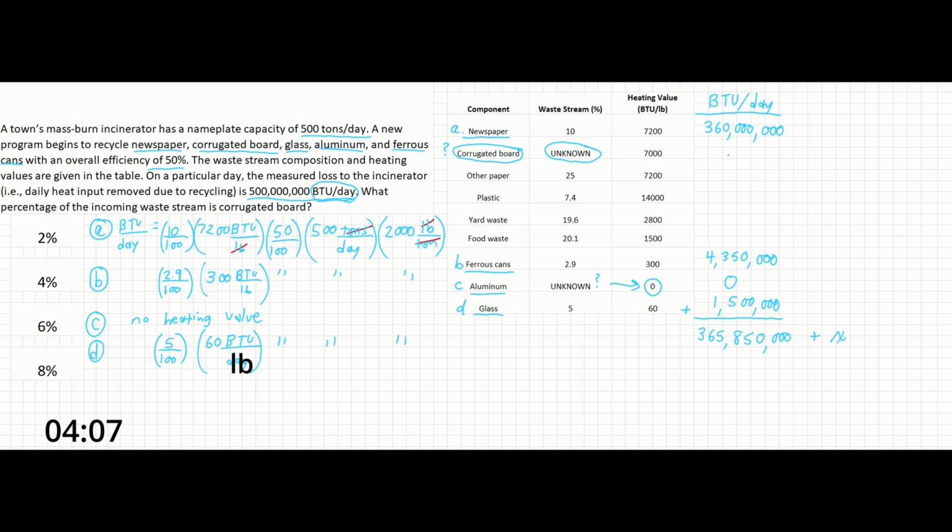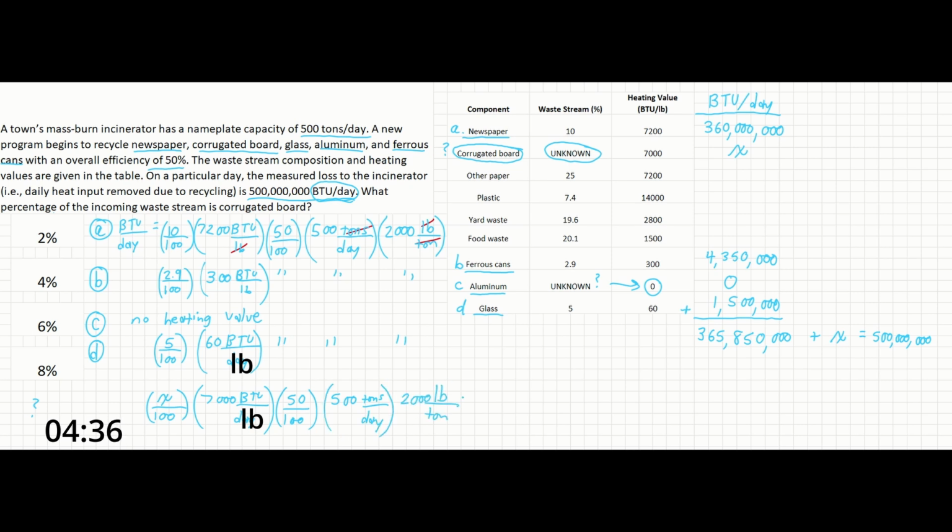So now we are ready to solve for our unknown percentage of corrugated board present in the waste stream. Let's write it out. So our unknown percent in the waste stream times 7,000 BTUs per pound times 50% recycling times 500 tons per day times 2,000 pounds per ton.